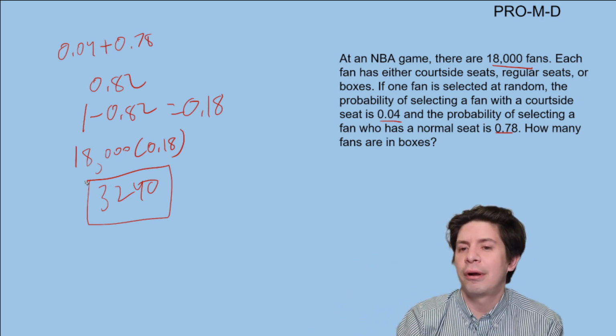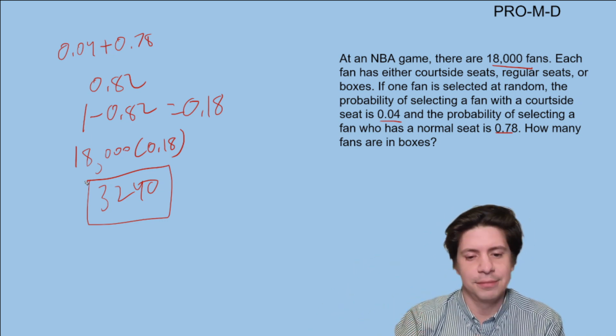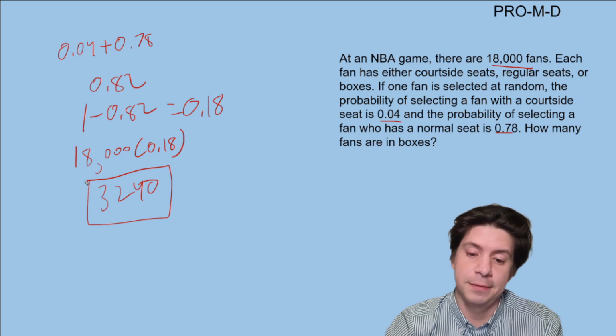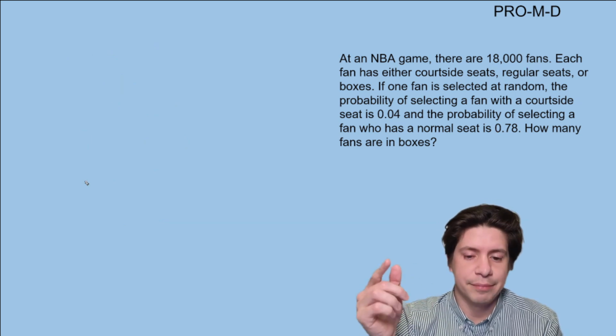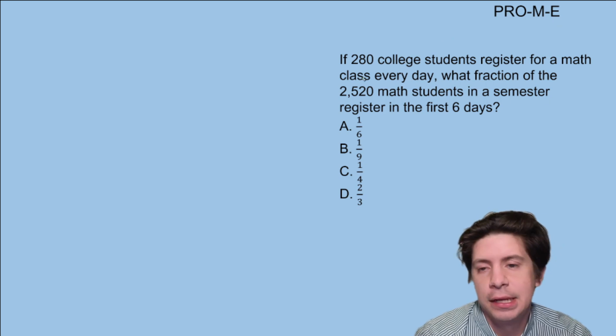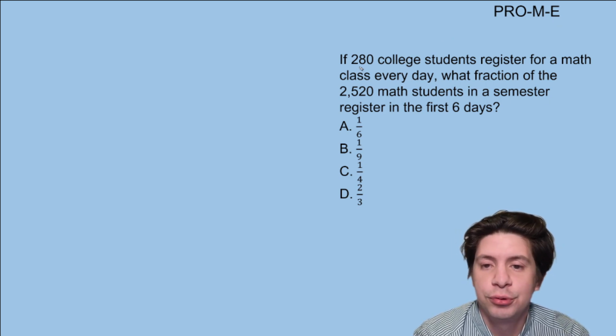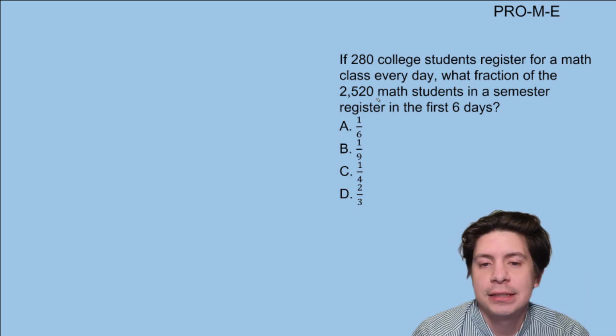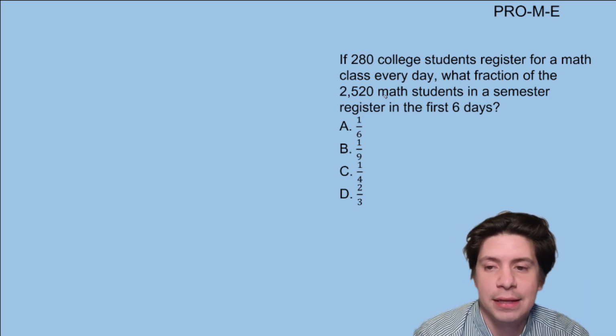Even though probability MC was probably still, I felt like it was kind of easy, it had, I guess, a bit more abstraction to it. Okay, so on this one, the fifth on the medium level, we have: if 280 college students register for a math class every day, what fraction of the 2,520 math students in the semester register in the first 6 days?